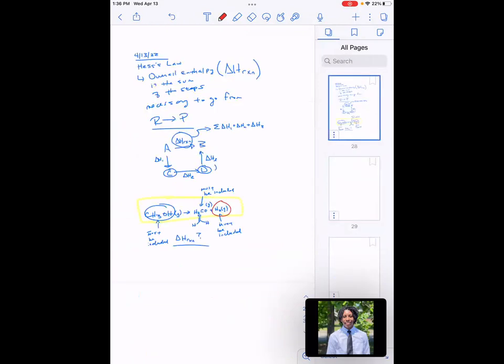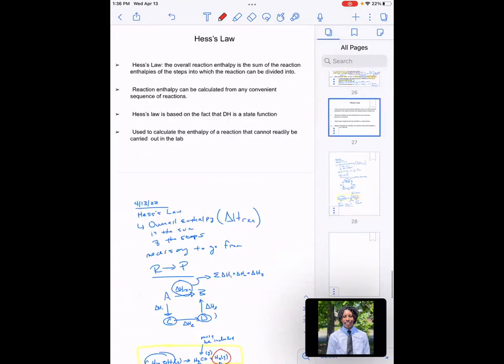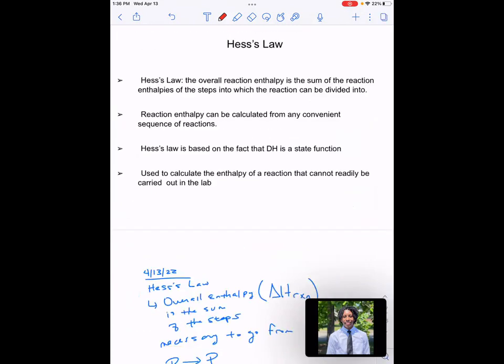All right, so let's go back to the final concept that we're going to talk about with respect to thermochemistry, and that is Hess's law. So Hess's law is an idea or concept basically saying that the overall enthalpy is just a sum of the enthalpies of the steps that it takes for a reactant to go to product.